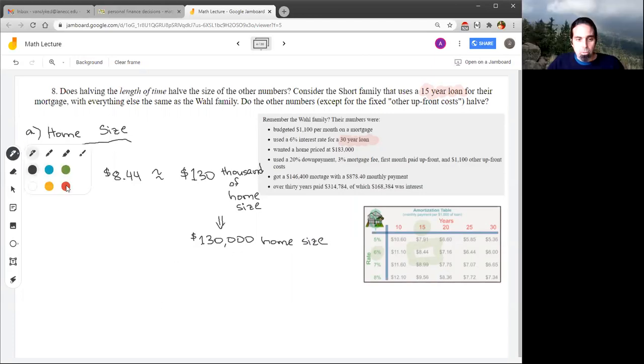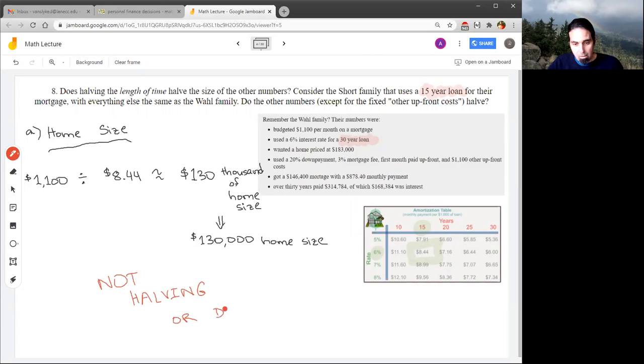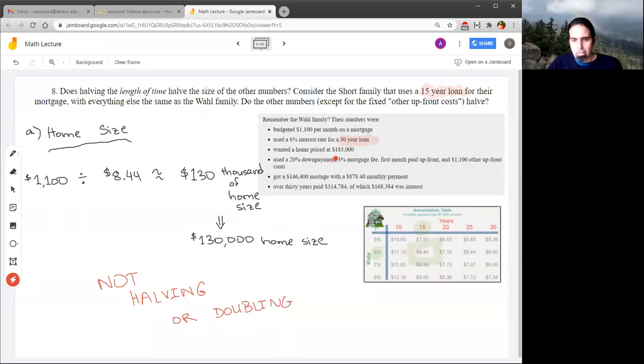And we can see right away that we're not doubling, or not halving, because that number seems larger than the number that we started with.